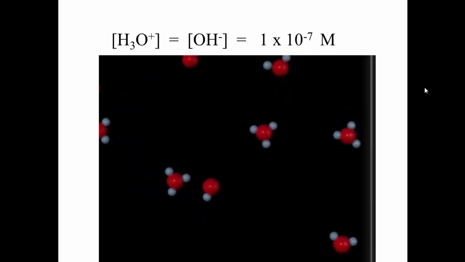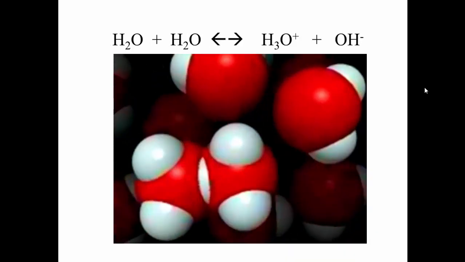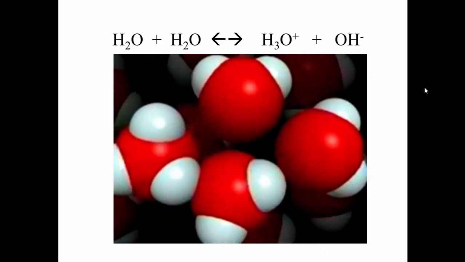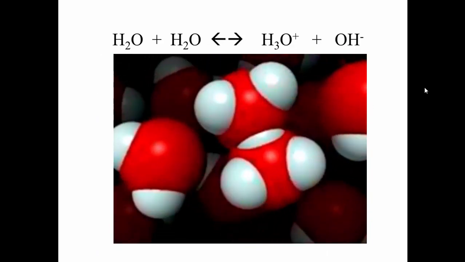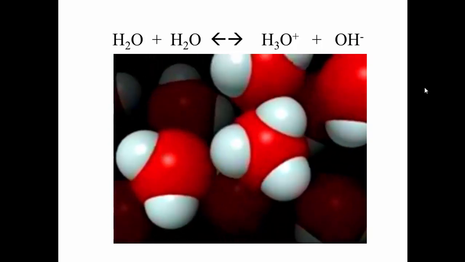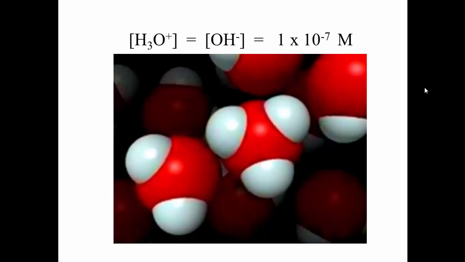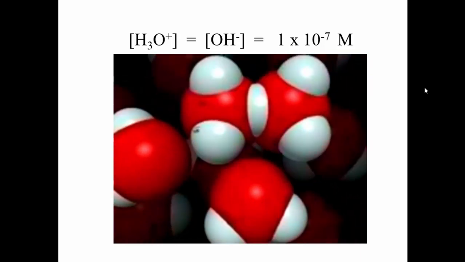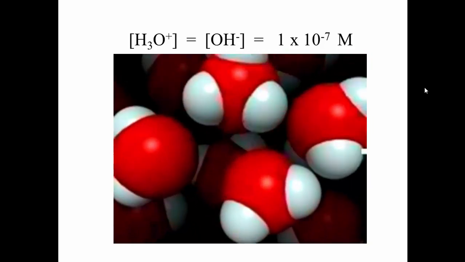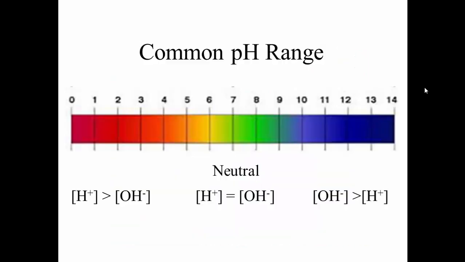Here's another video of that transfer of the proton that goes on and on in any sample of water. This is always occurring, and in any sample of neutral water, you always have 1 times 10 to the negative 7 moles per liter of those ions.